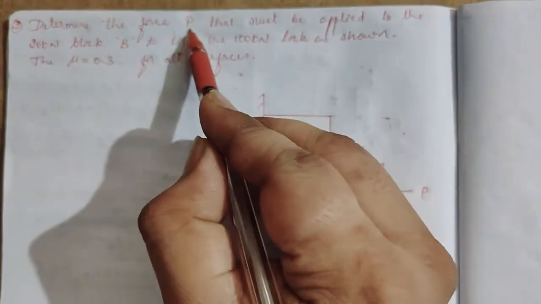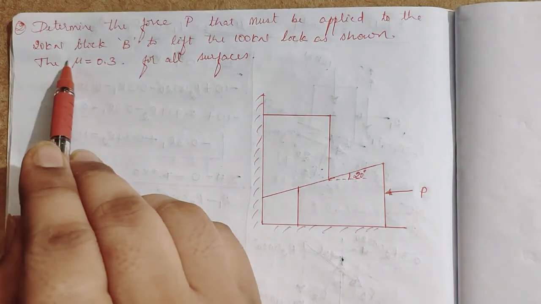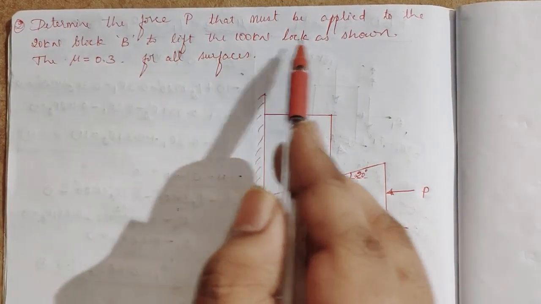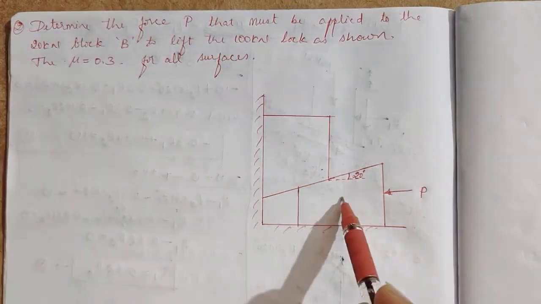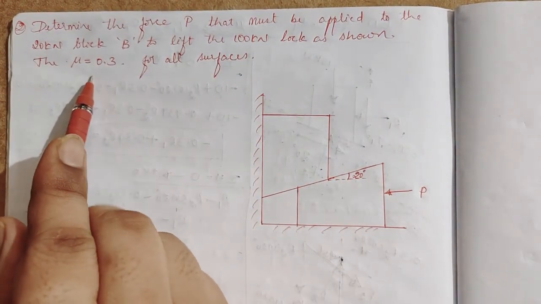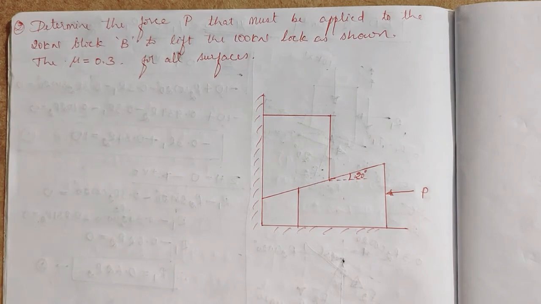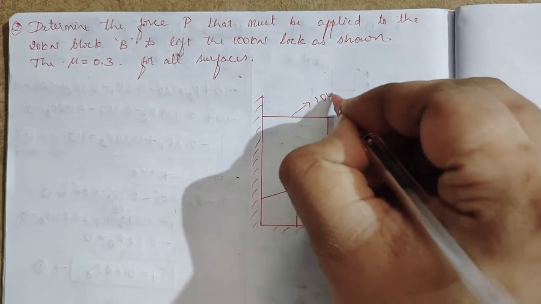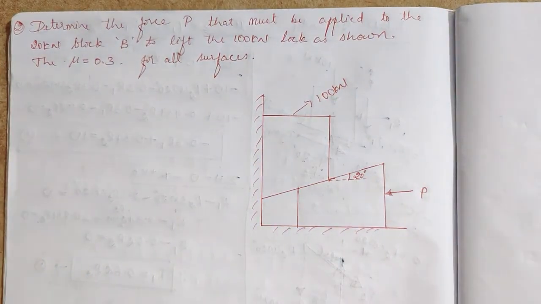So determine the force P that must be applied to the 20 kilonewton block B to lift the 100 kilonewton block as shown in the figure. The coefficient of friction is 0.3 for all the surfaces. So this is your block of 100 kilonewton.